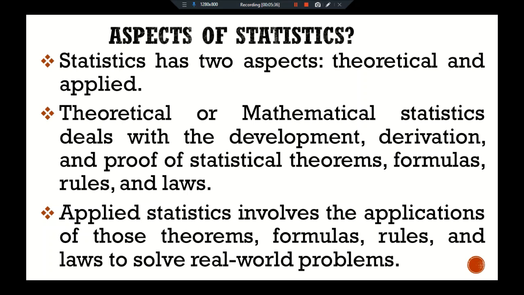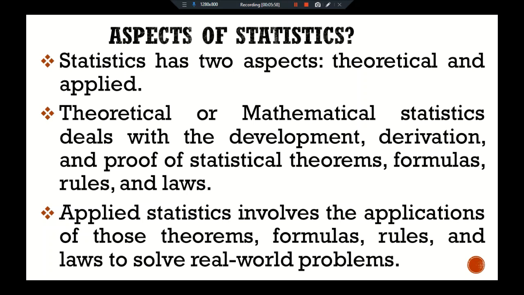While applied statistics involves the application of those theorems, formulas, rules, and laws to solve real-world problems. In this statistics course, we are mainly concerned with applied statistics, not with theoretical or mathematical statistics.